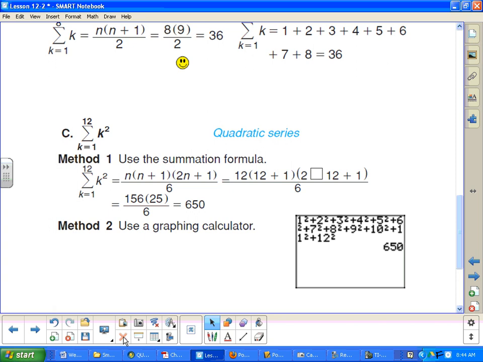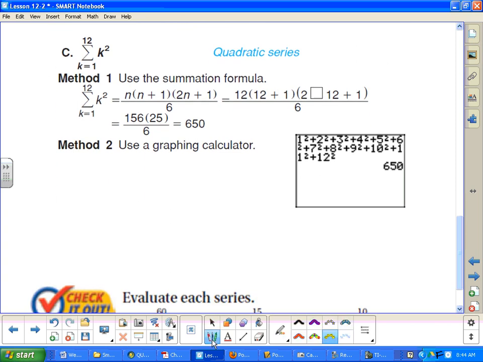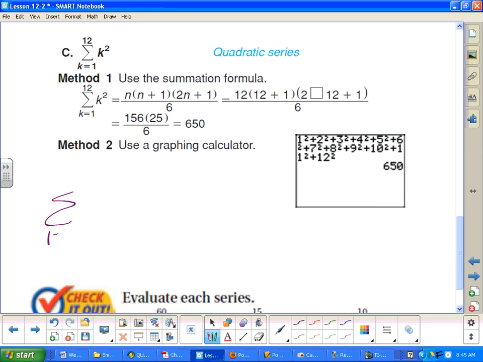Now, one thing I will tell you is this, okay? If you ever have a series where it says sum as k goes from 1 to 7 of, let's say it was 2k squared. Okay? If it was 2k squared, then you could actually rewrite it like this.